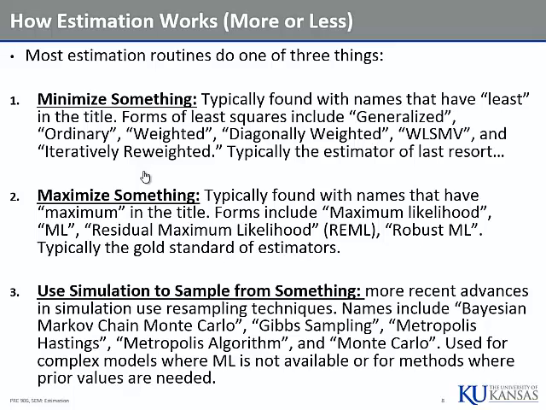This is used a lot in multilevel models. We could use it in SEM, we usually don't. Robust ML, you'll see that today. These are typically the gold standard estimators, and they're the gold standard because by statistics, we can show that if you use these estimators on any type of model, so long as you have a big enough sample size, some really good properties hold.